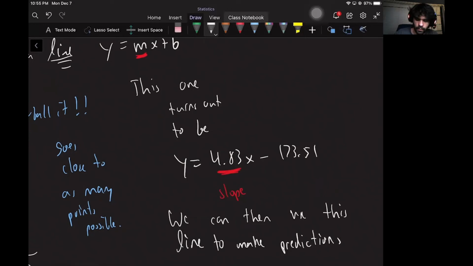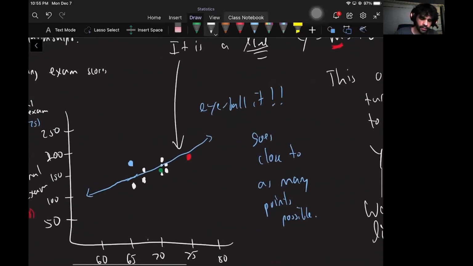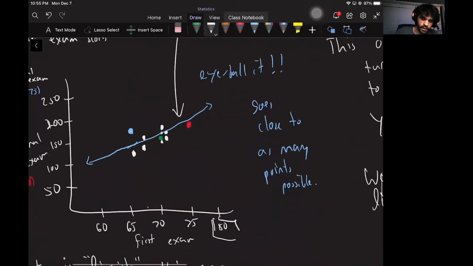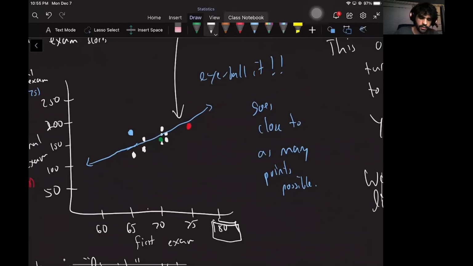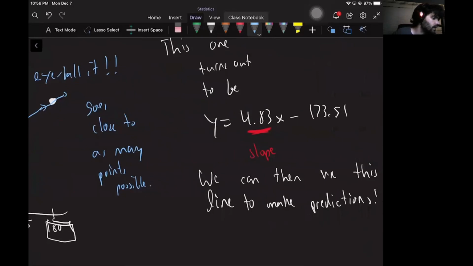So, for example, I could say, well, if somebody gets an 80, now I can sort of estimate that they might get near there because that's where the line is going to go through if I continue drawing the line. And that's the idea. But with the actual equation, I can, instead of eyeballing it, actually do that. So how is that going to work?